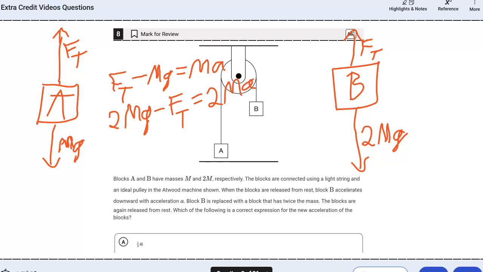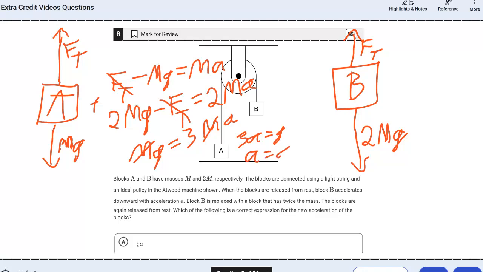Okay, so now from this, we can add the two equations. And when we add them, our tensions cancel out, and we're left with mg equals 3ma. Our m's cancel, and we're left with 3a equals g.